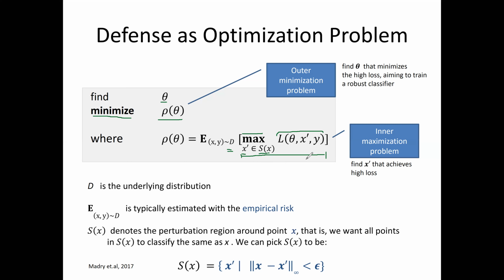So intuitively, you can think of it this way: you want to find the worst case behavior here in the max, and then you want to minimize the effect of this worst case situation. So you're trying to find theta that minimizes this worst case finding that you discovered here in the maximization.